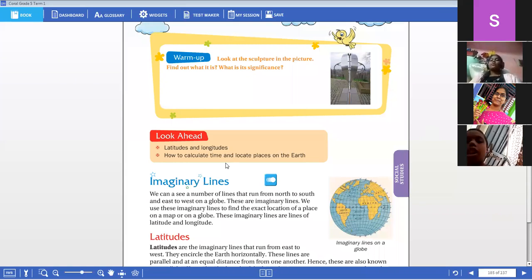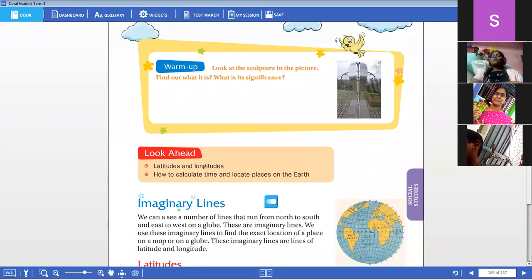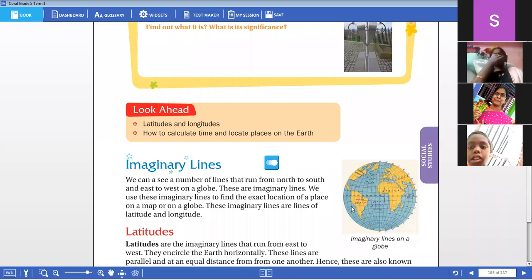Okay, till now you didn't have any doubt, right? Once again, let me explain the same paragraph, children. These imaginary lines. Can you see this globe?